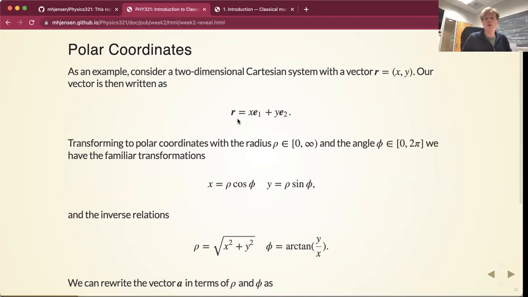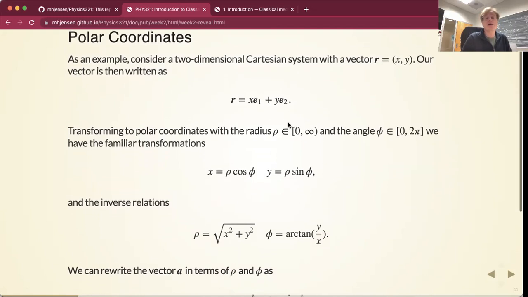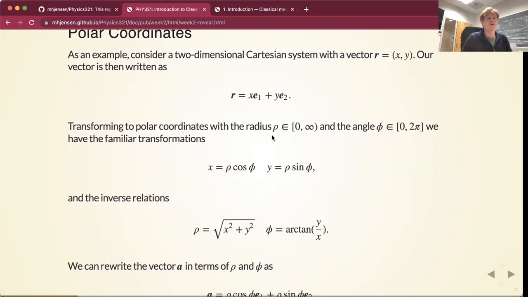If we are dealing with polar coordinates, we would typically have the position R given by X and Y, as you can see here. Then we would have the unit vector in the X direction and the unit vector in the Y direction. We can make a transformation here to polar coordinates where rho is defined from 0 to infinity, and it's given by the square root of x squared plus y squared.